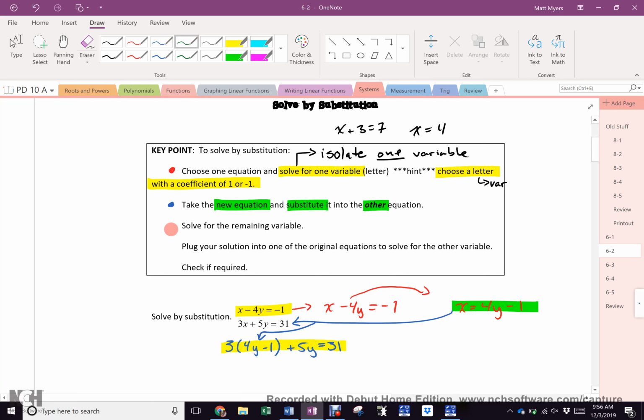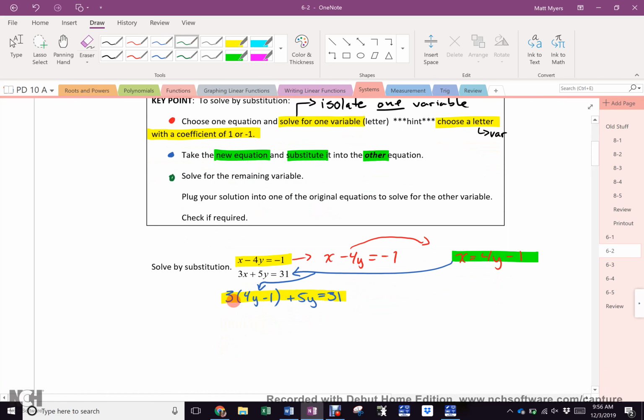So in green, we will solve for the remaining variable. What do I do with this? To get what? Equals 31. Now what do I do? Which is 17y minus 3 equals 31.